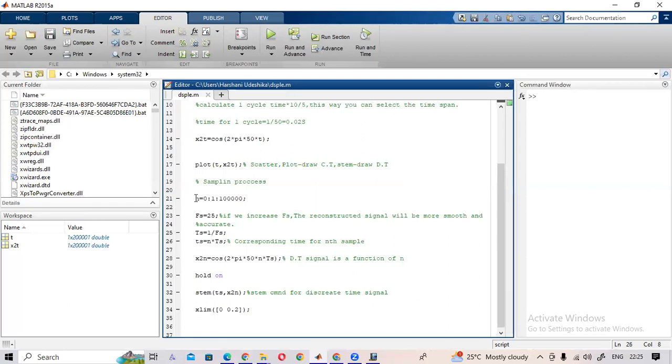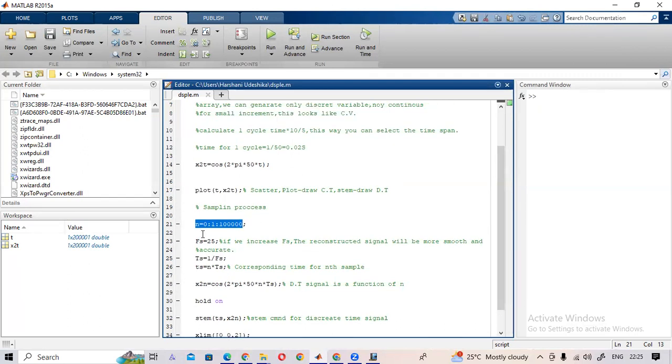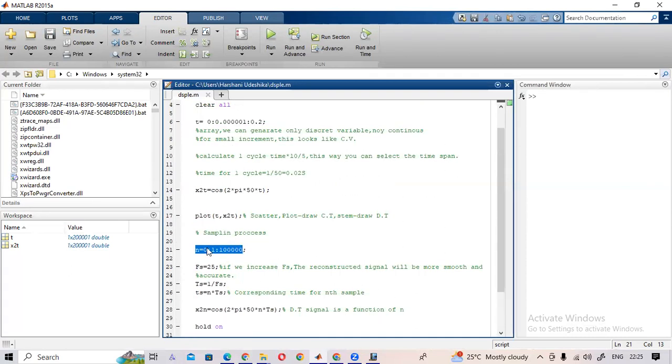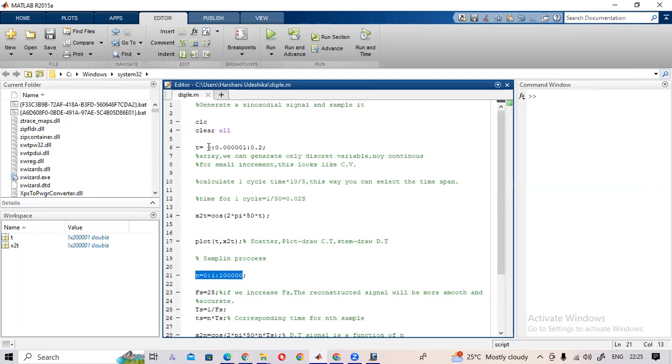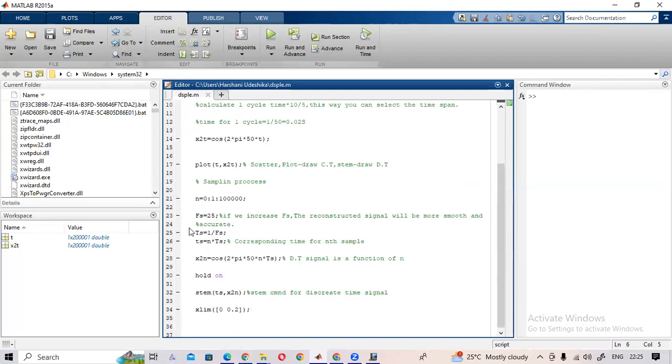I have generated some sample numbers. These should be integers. I select from 0 to 1000, or 10,000, that will not affect the program. I start at 0 because time also starts from 0, which means we don't have negative samples.